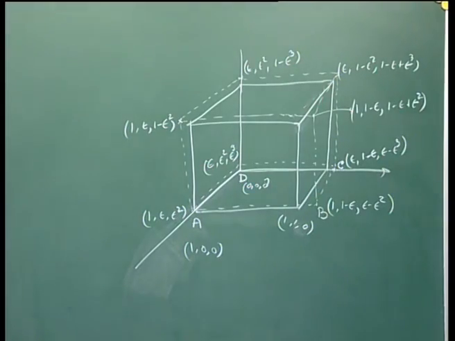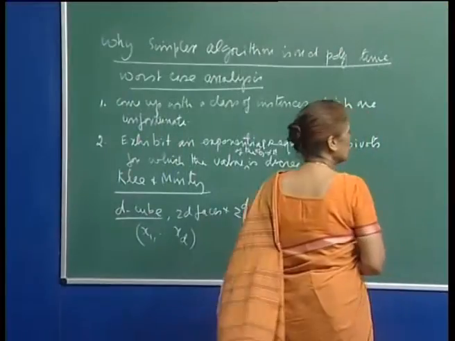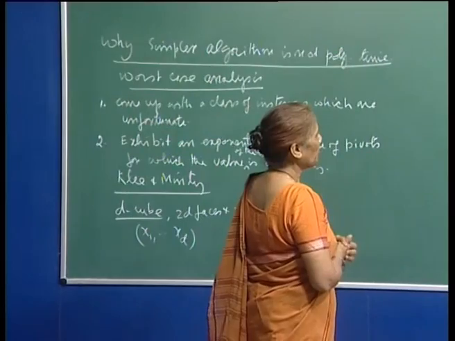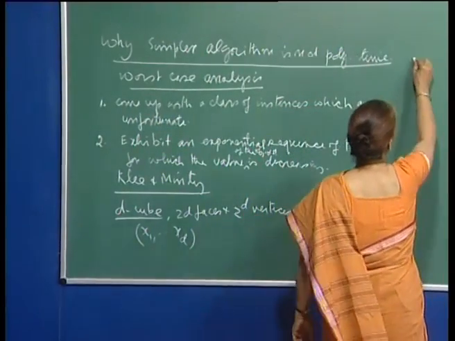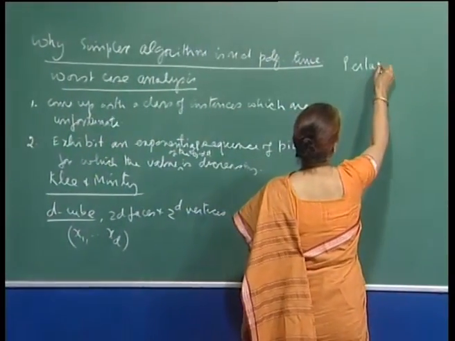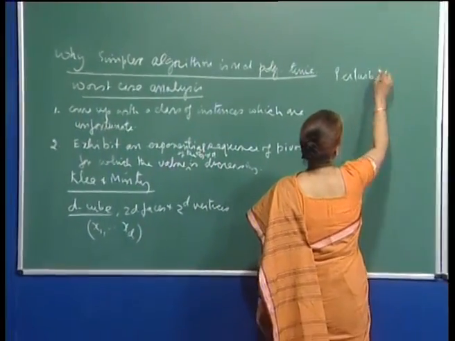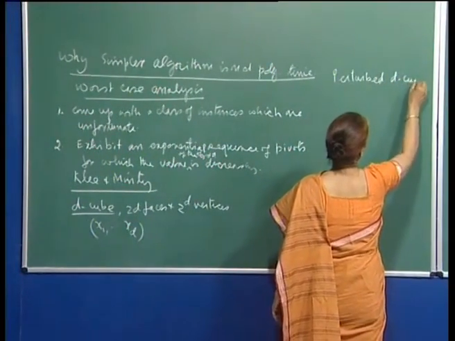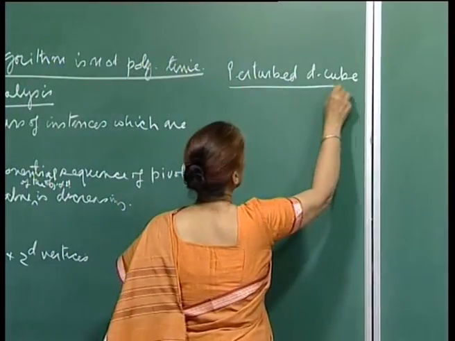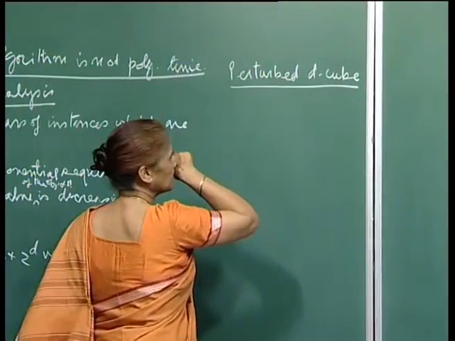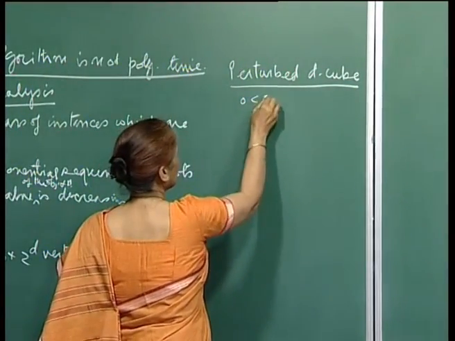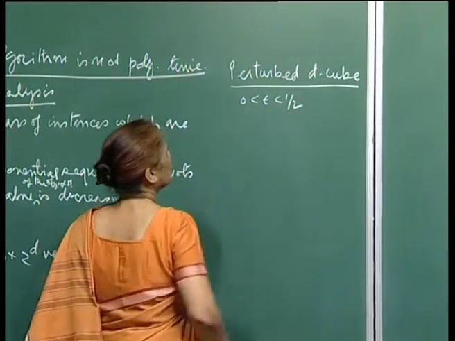You perturb the d-cube by a small amount, and here is the description of the perturbed d-cube. Take 0 less than epsilon less than half.